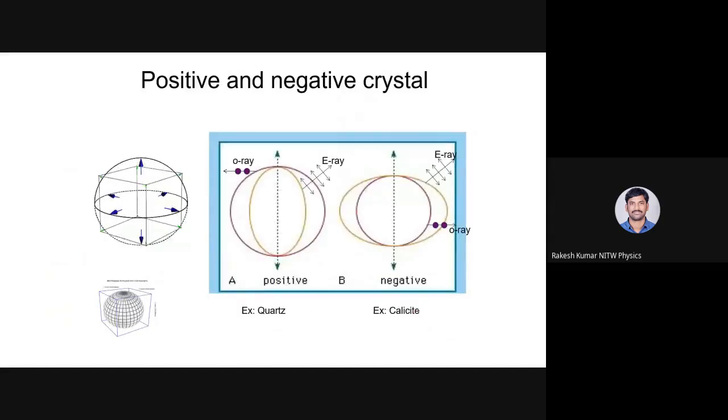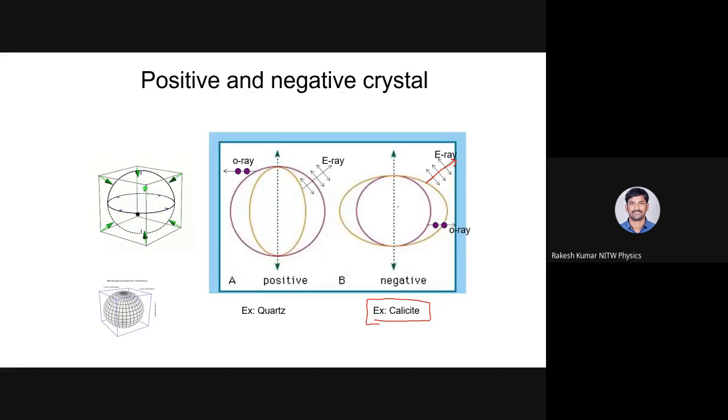If you look here, are you able to see the figure? All of you able to see the figure? Yes, sir. If you look at the example of the calcite crystal, where your extraordinary ray is traveling faster and your ordinary is traveling slower, as a result you are going to see the sphere inside the ellipse.